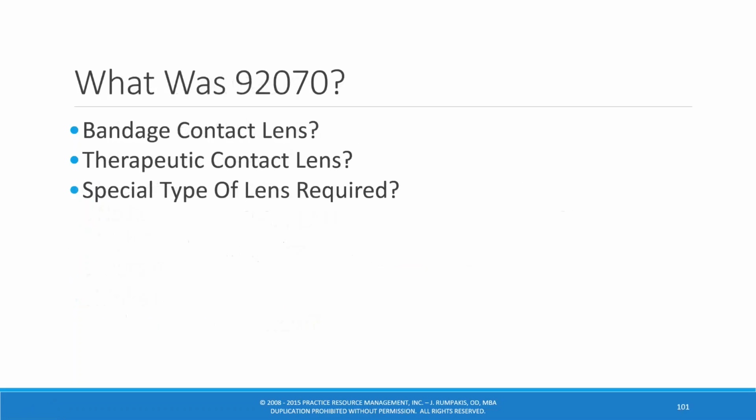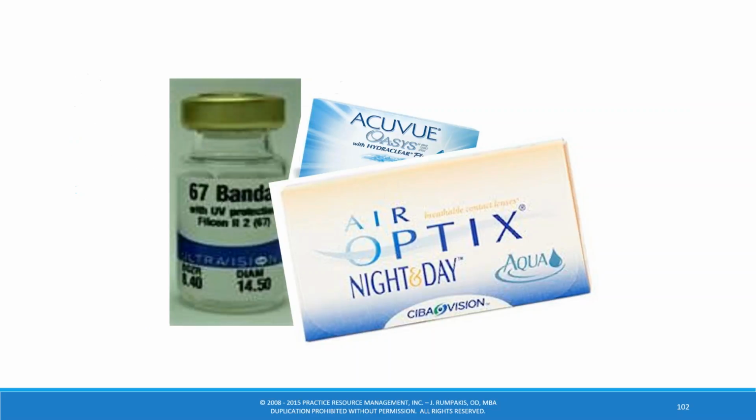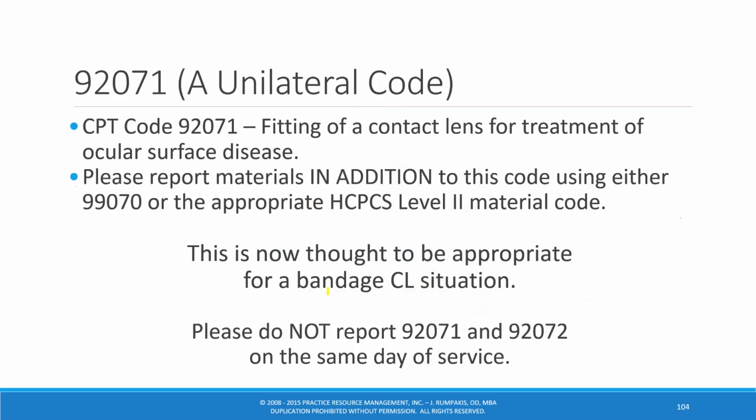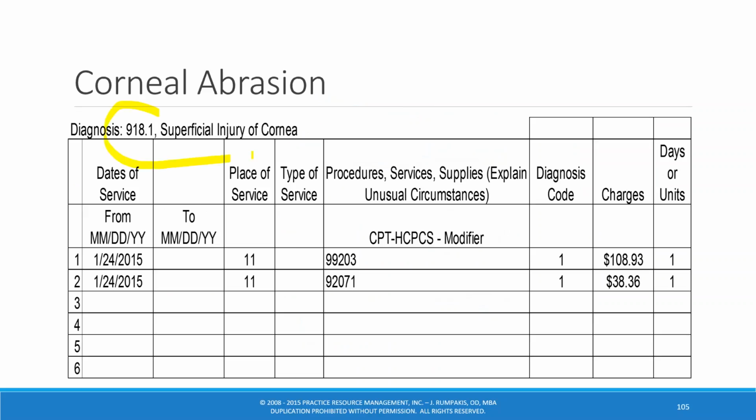So my therapy that I'm going to be doing, I'm going to show you why this is so important. Remember, if you're going to apply a bandage contact lens, and I'm using this case specifically, remember 92070 is an old code that disappeared in 2012. The new code is 92071. It is a unilateral code. I bring this to your attention for a very specific reason. When I'm coding this in the ICD-9, notice that I have superficial injury of cornea.